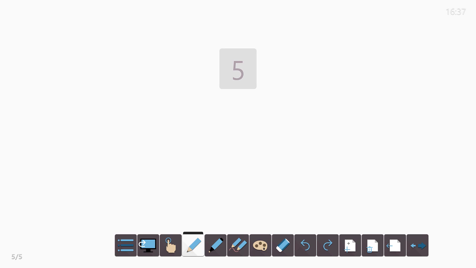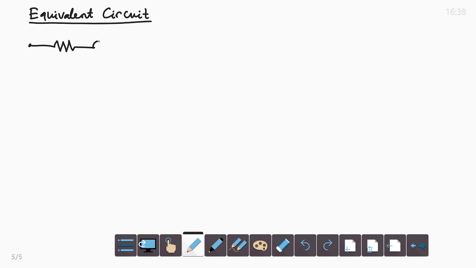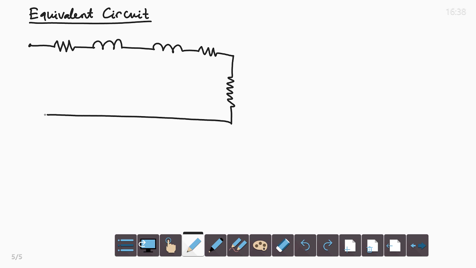So, with this we can draw the equivalent circuit. This is the stator resistance R 1, stator leakage reactance j x 1, magnetizing reactance j x m, rotor reactance referred to stator j x 2 dash.